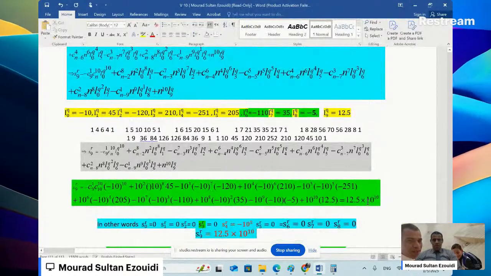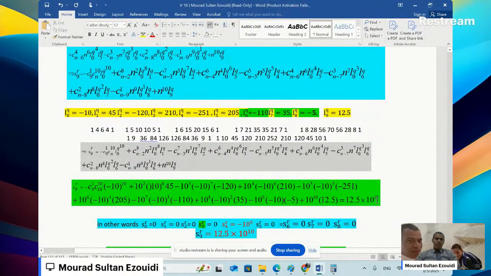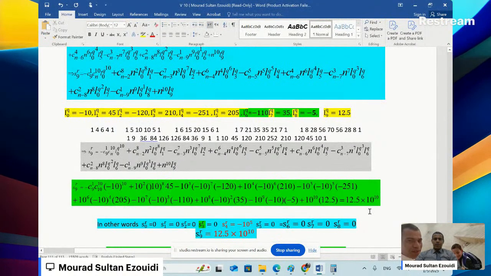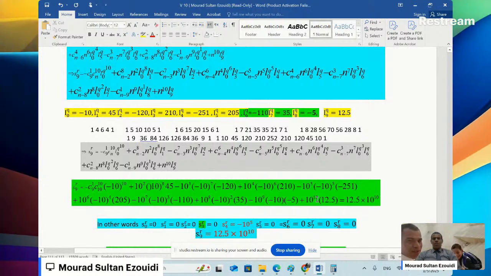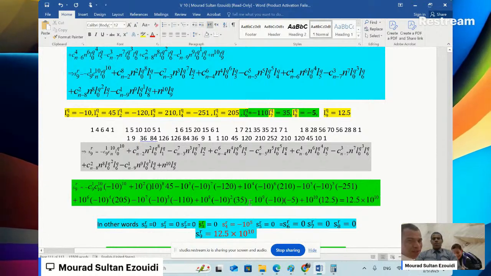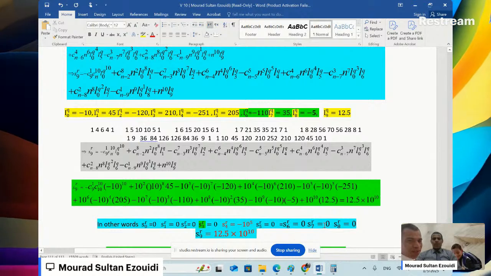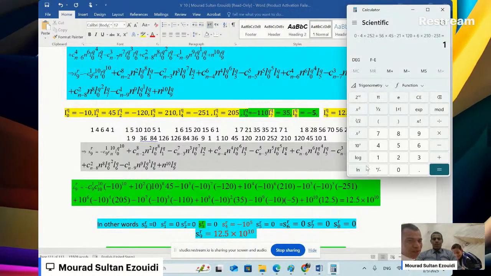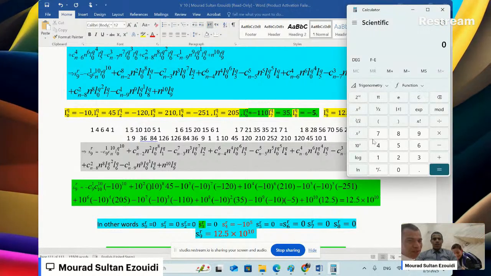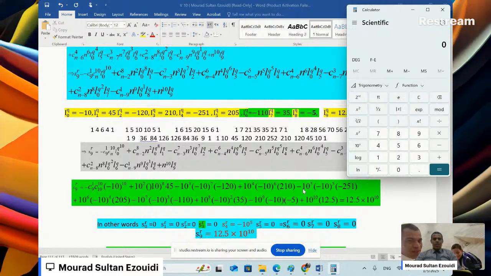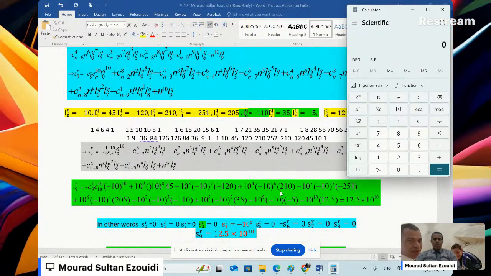So this one is equal to 12.5 times 10 raised to the power 10. Note that 10 raised to the power 10 is a common factor. So I'll just use my calculator and figure out the value of this, then multiply by 10 raised to the power 10. Let's check.